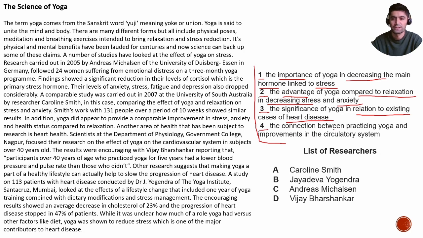Number 4. The connection between practicing yoga and improvements in the circulatory system. So after we underline the keywords in the statements, the next thing we need to do is to look for the names in the text and highlight them.